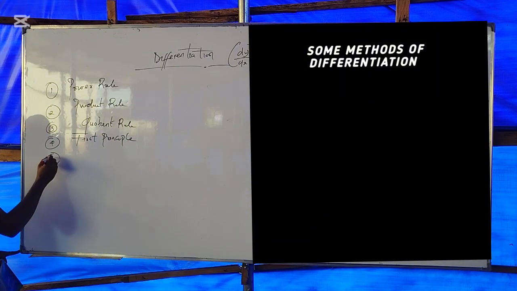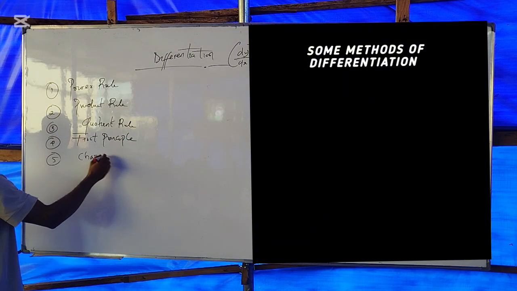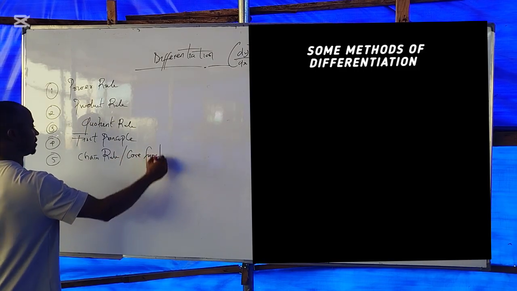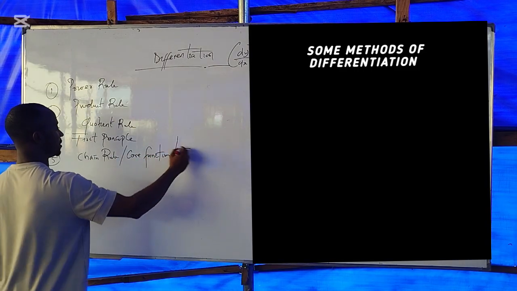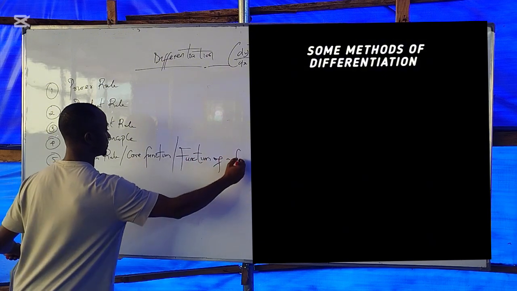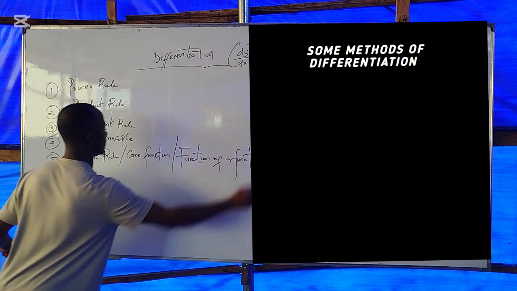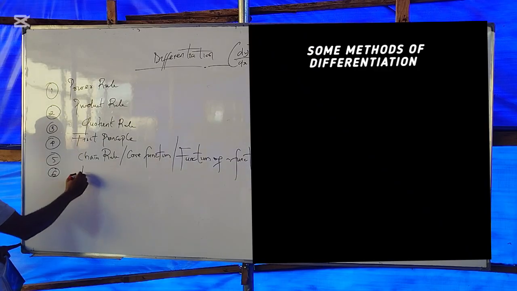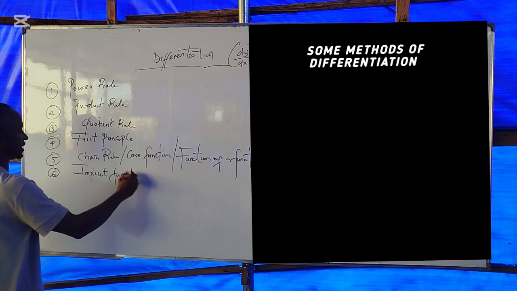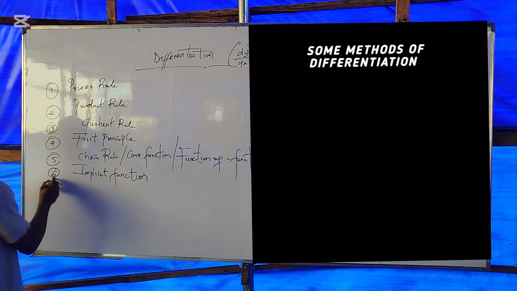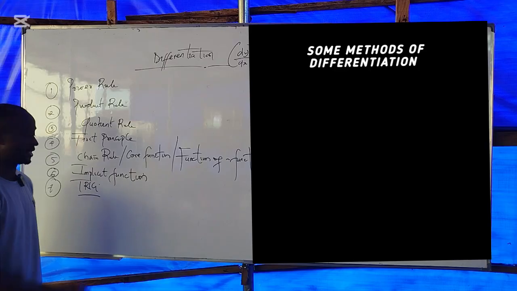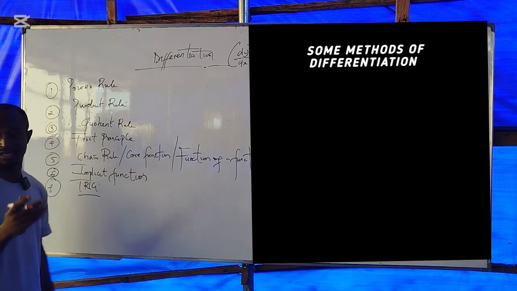We have the chain rule, also known as the core function, or the function of a function. Then we have the sixth one, the implicit function. Number 7, we have the trigonometric functions, under which we have sine, cosine, tangent, and the rest.